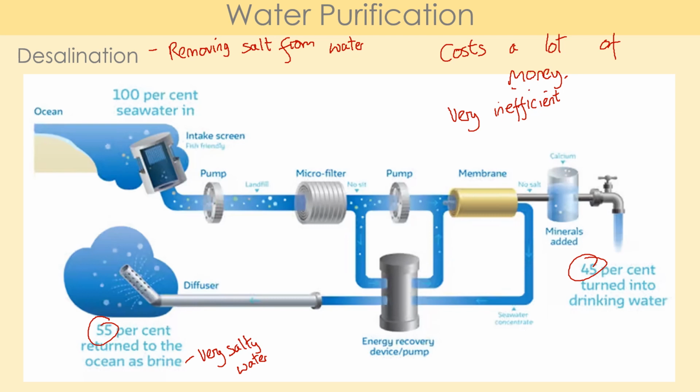Unfortunately, people do need drinking water, so it is something that is important to do. They do add minerals to it. At this stage here, it is just pure water, so we do add minerals to it. Now, the time we might use pure water is when we do it in a lab, if we're using water for something, because it contains no other ions. So this is now distilled, and it contains no other ions.